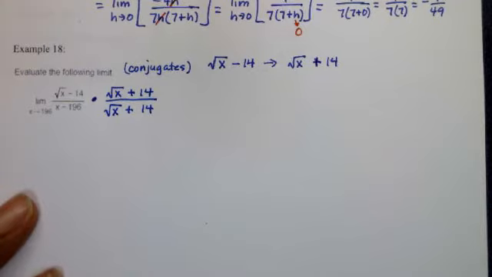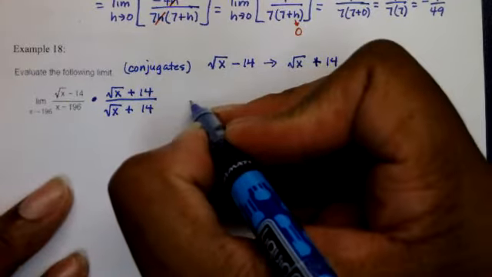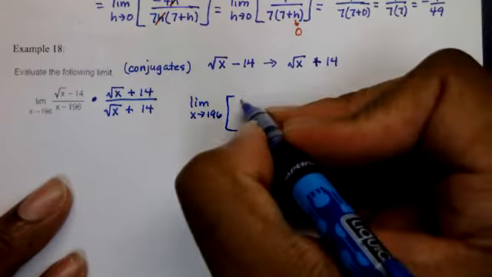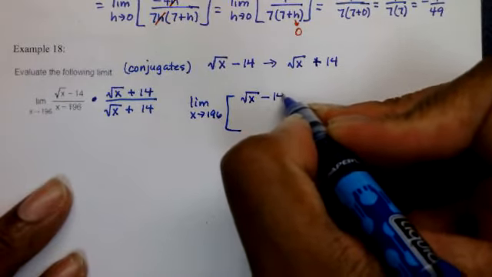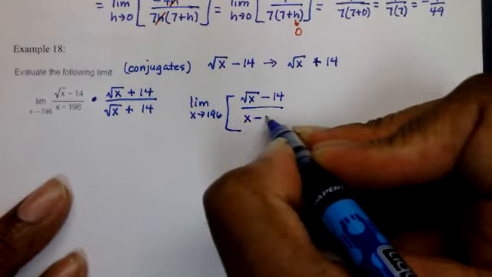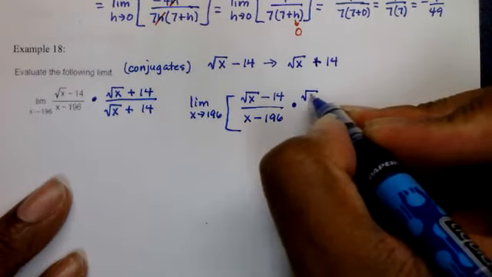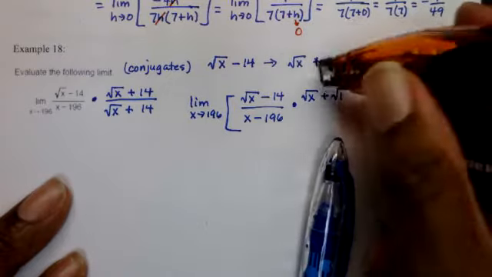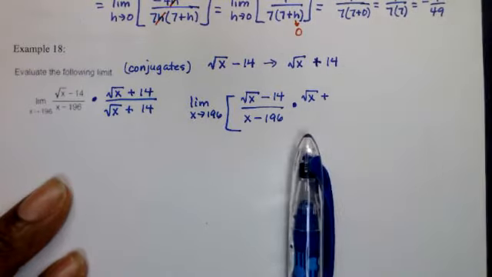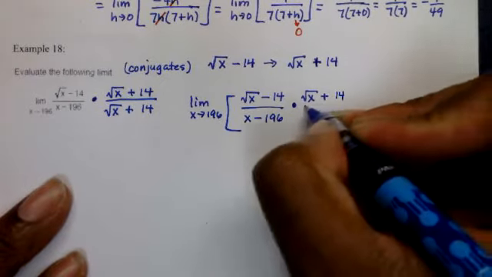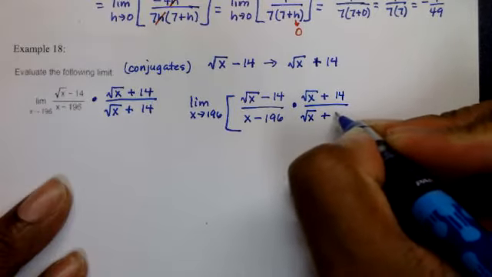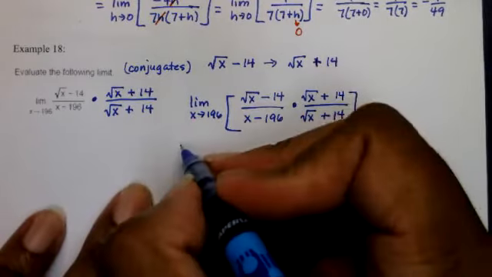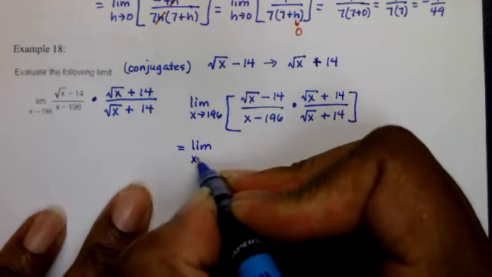It would be best if I just write it like this: the limit as x approaches 196 of the square root of x minus 14 over x minus 196, times the conjugate for the numerator and the denominator.